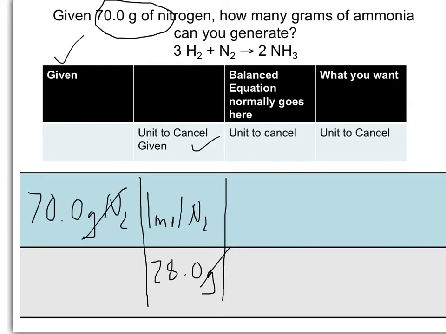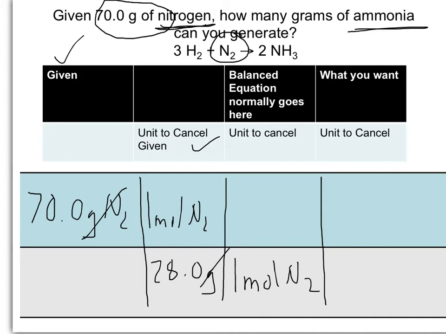Then for the next step, I've got to go to my balanced equation. Now I'm starting with nitrogen, and I'm going to ammonia. So I need to look at my balanced equation, and I have nitrogen here. I have 1 nitrogen. That's going to go down here because nitrogen is what we're trying to get rid of.